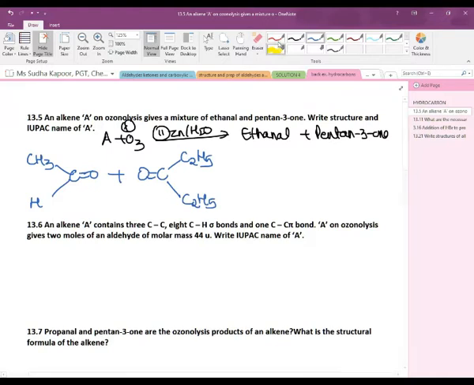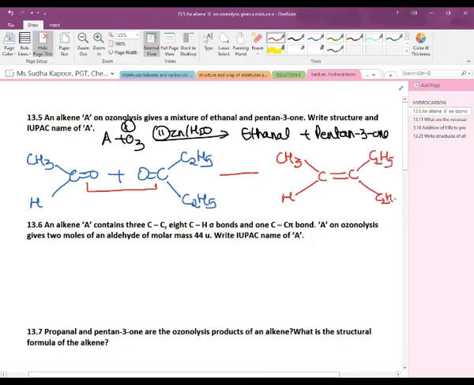So a very special way: remove both these O, and you will get the structure of the simple alkene, that is CH3CH double bond C with C2H5 and C2H5. So if we remove these O and join both the structures with the help of a double bond, we will get the alkene.